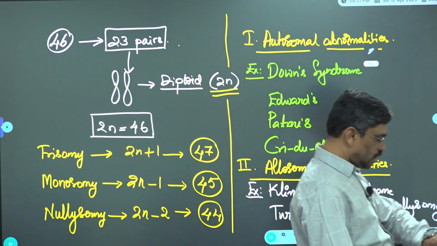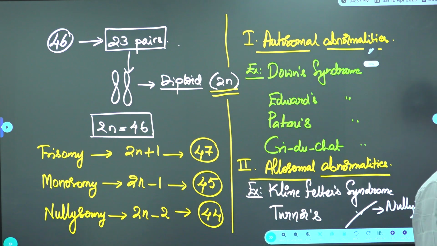So, these are the examples of allosomal abnormalities.